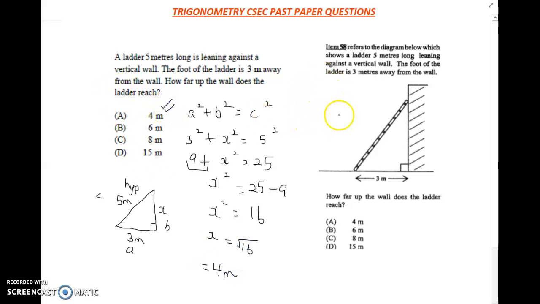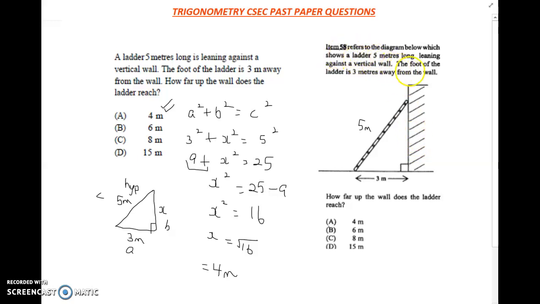Great. I'm just going to show you on the right hand side here, it's the same exact question. It says the diagram below shows a ladder 5 meters long leaning on the vertical wall. They didn't label it 5 meters long. This is the 5 meters long. So you see how they're trying to trick you here? Because what if you thought the side here is the ladder? If you're really confused which part is the ladder, envision it in your head, right?